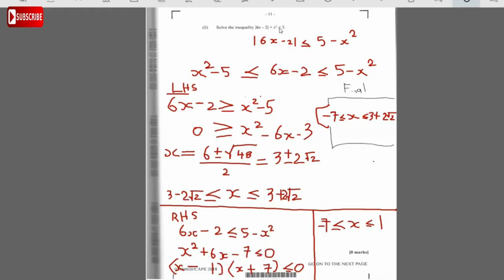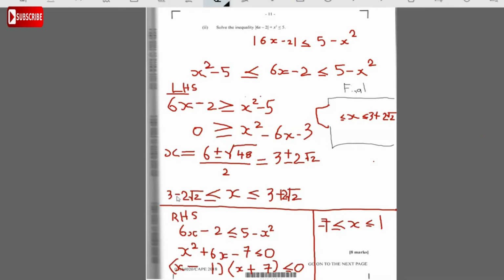That's not giving me less than 5. So the minus 6 is not correct. Let's check this solution. This is the good thing about modulus questions. You have to check your solution. So as you can see, the minus 7 part is not working.